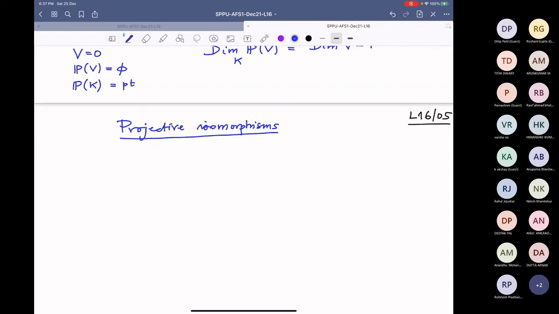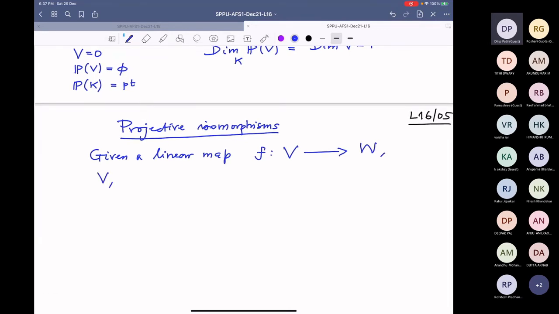All right, so given a linear map f from V to W, where V, W are finite dimensional vector spaces, I'm going to define a map from PV to PW.